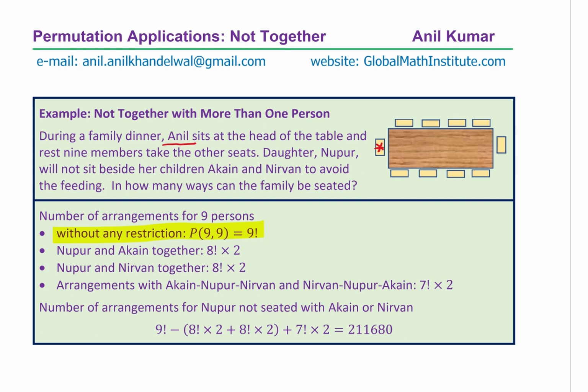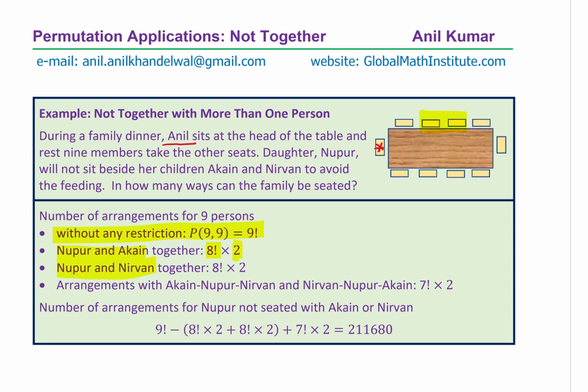Now, we are combining Nupur and Akain. They are being together, so Nupur could come before Akain or Akain could come before Nupur. So there are two ways in which they can sit together, and when combined, they are like eight positions. So 8 factorial times 2.